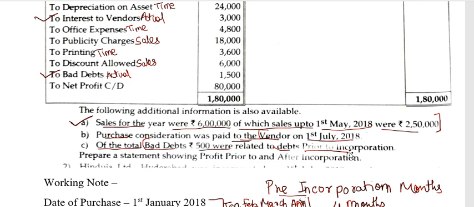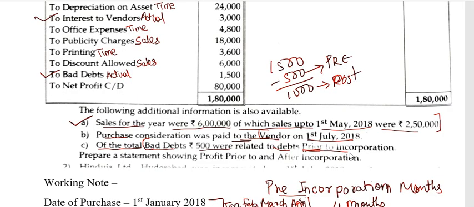Prior means pre-incorporation. So 1,500 minus 500, 1,000 is remaining. That means this 500 is related to pre and this 1,000 is related to post.